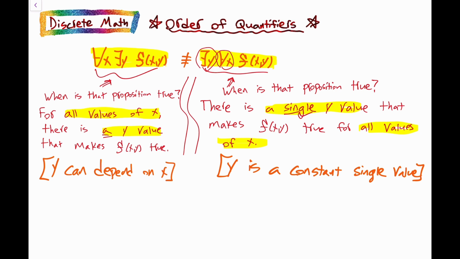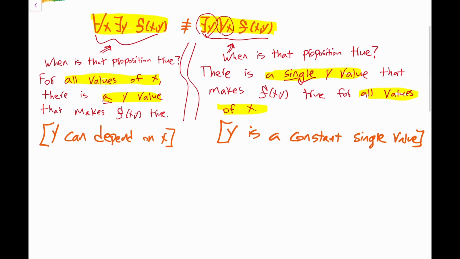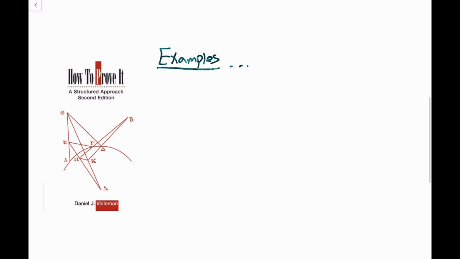How about two examples of this? In this case, I'm going to take these examples from a very popular book called How to Prove It. A lot of math courses assign this textbook for math majors. So let's say we have the following examples. We have for all x, there exists a y such that x is less than y.